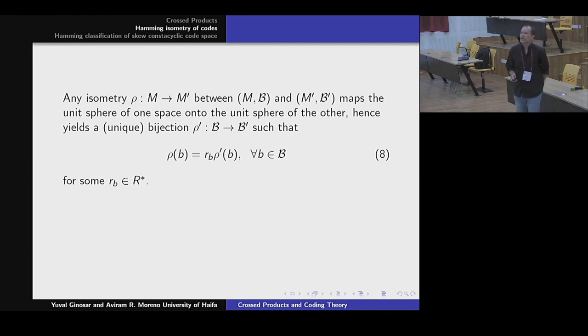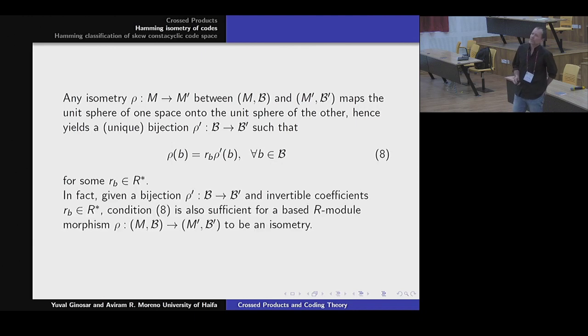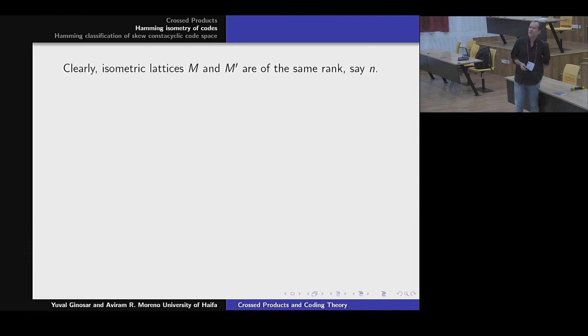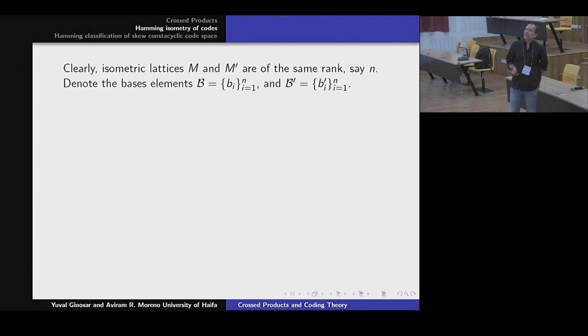Rho prime is determined by rho. In fact, given a bijection of invertible coefficients, condition 8 is also sufficient for an R-module morphism to be an isometry. This is easy. Clearly, isometric lattices have the same rank.